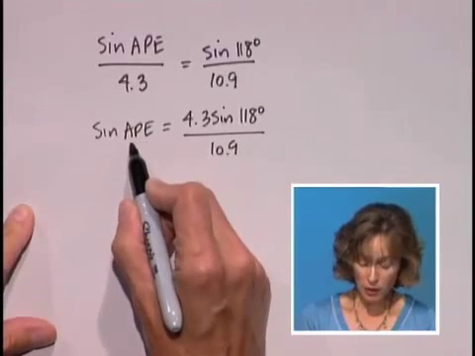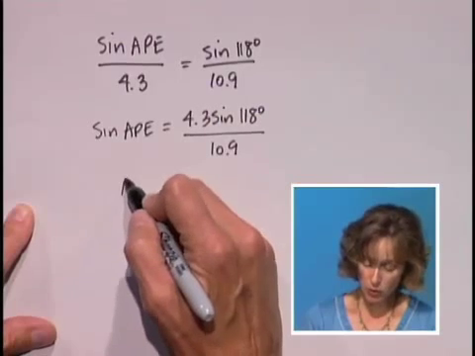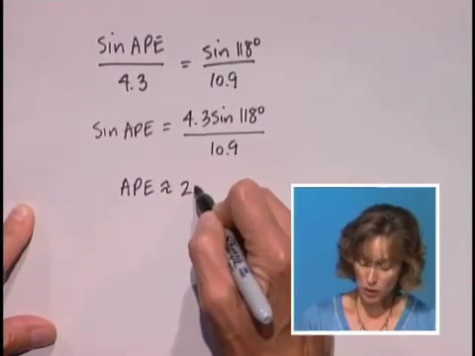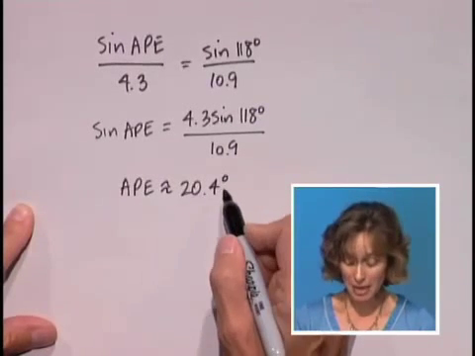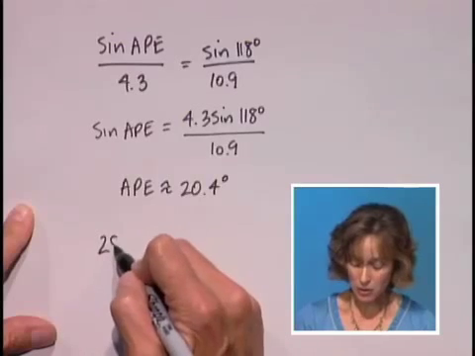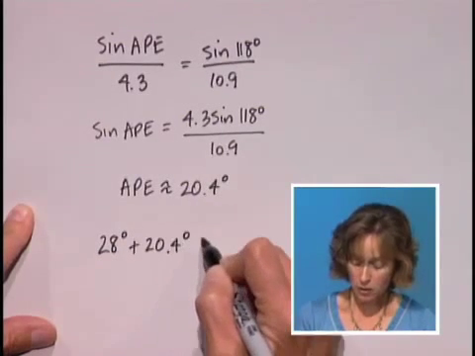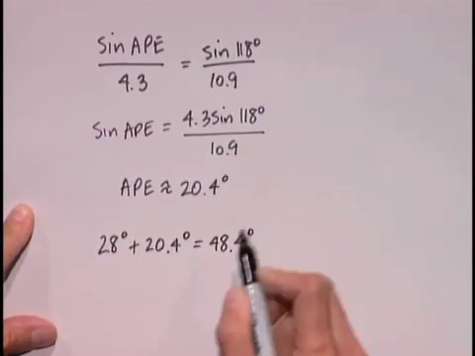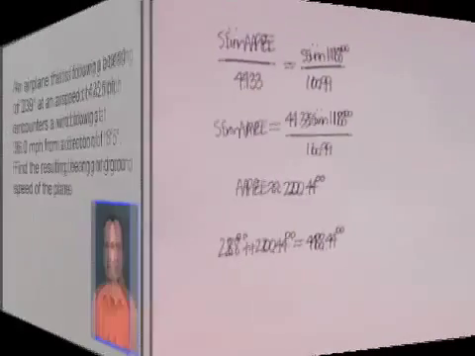Then with the help of a calculator, I can get APE by doing the inverse sine of this in degree mode. APE is approximately 20.4 degrees. But that's not the answer that we're looking for. We take that, add it to the original 28-degree bearing to get an angle of 48.4. The bearing of the ship from port is 48.4 degrees.